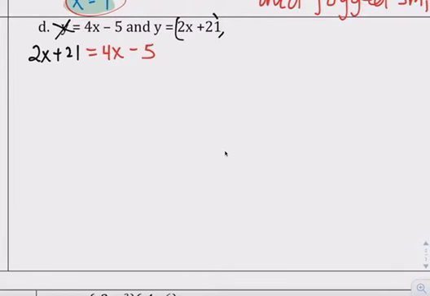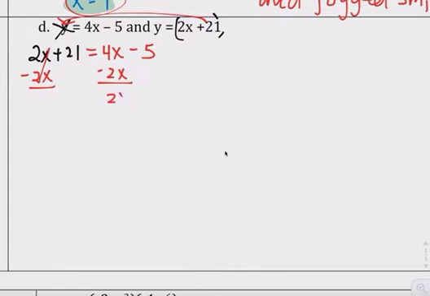Okay, substitute that up in where y is. We get rid of the smallest variable. That's the easiest. So we minus 2x, minus 2x.